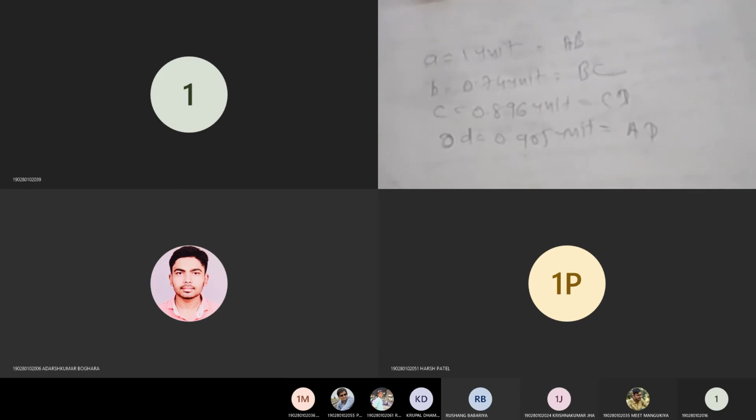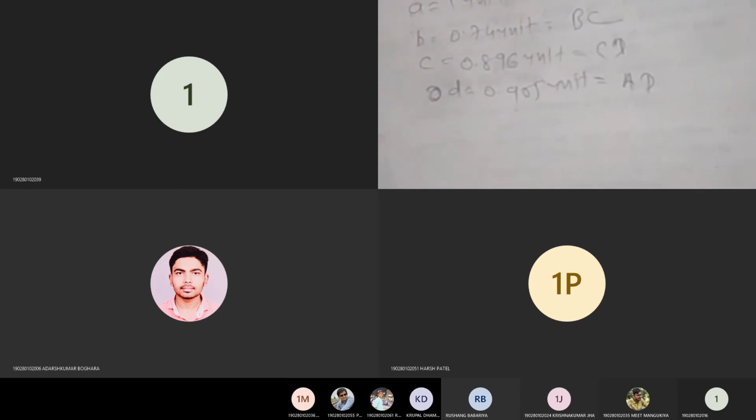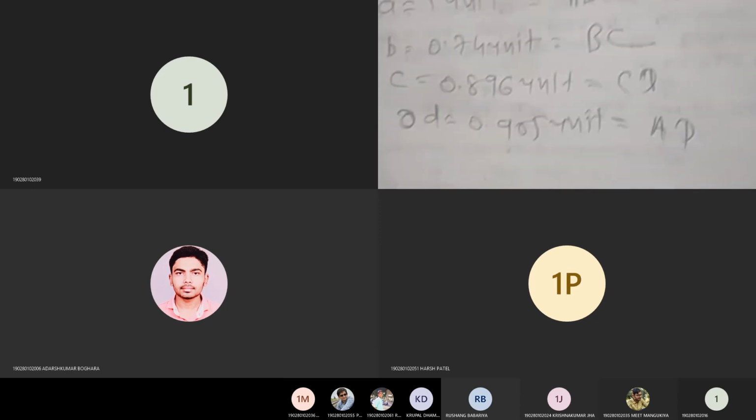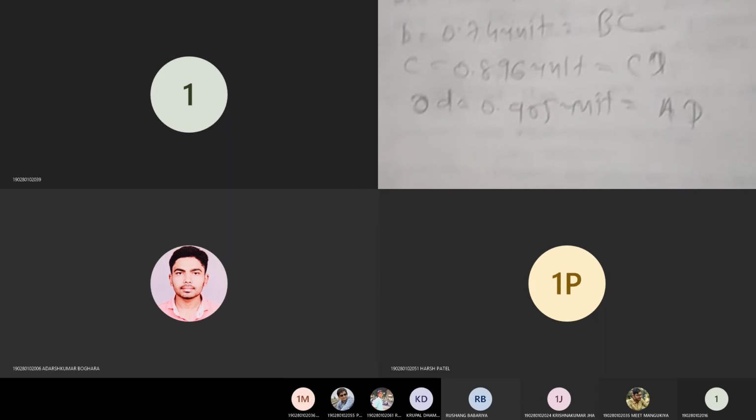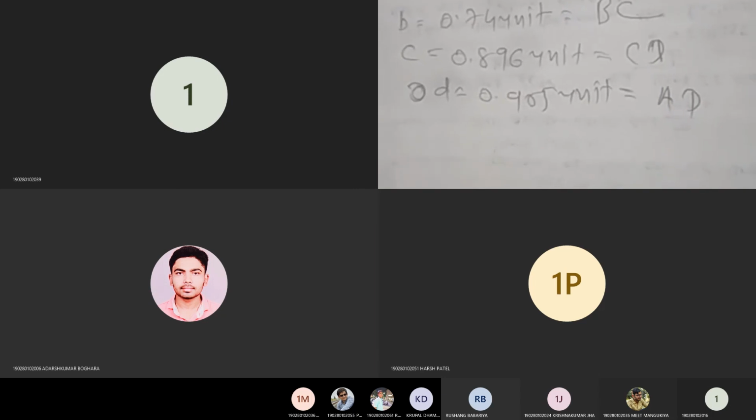Okay, so these are the values we are getting for link length.